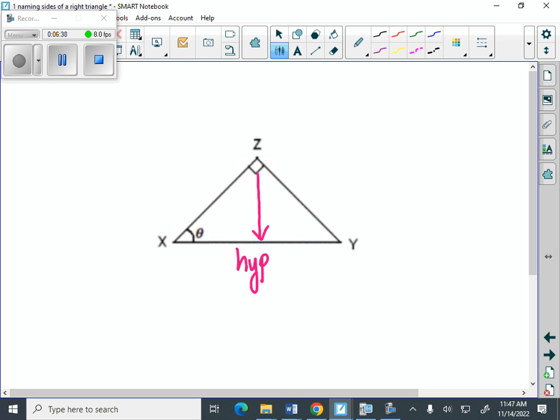Then identify theta, our reference angle, and we can go across from there. You don't necessarily need to draw the line, but since this is the first time that you've ever done this, it might be helpful. Our third side, consequently, is the adjacent. The adjacent side touches the reference angle.